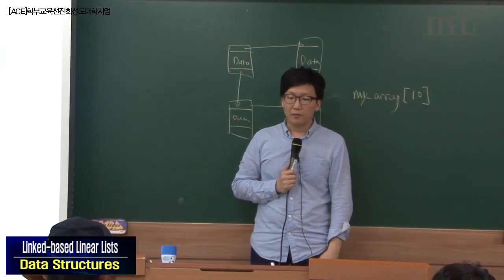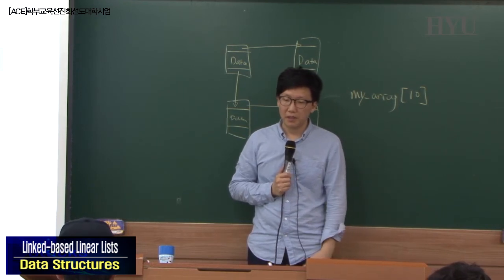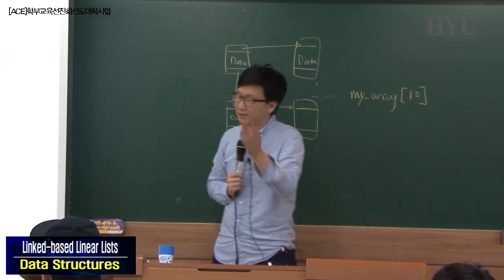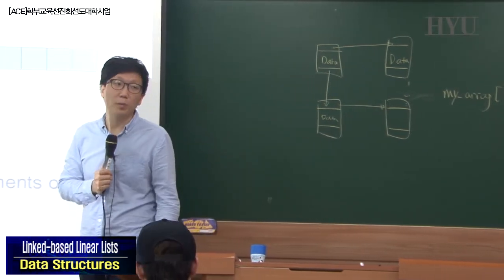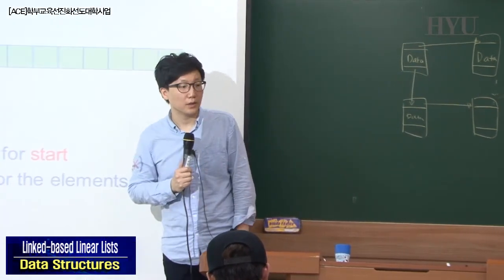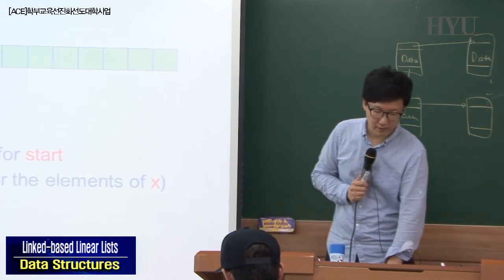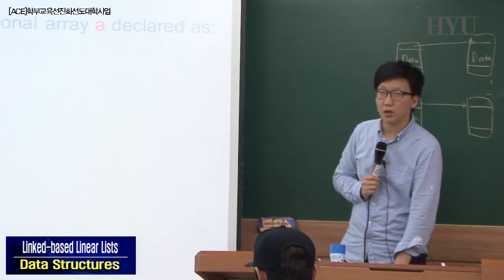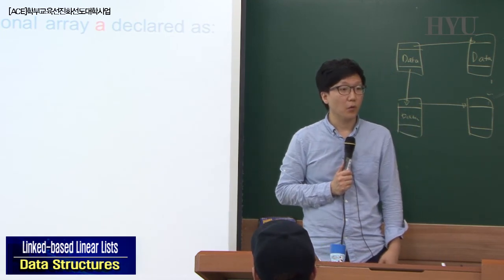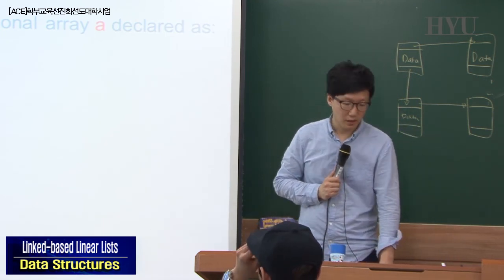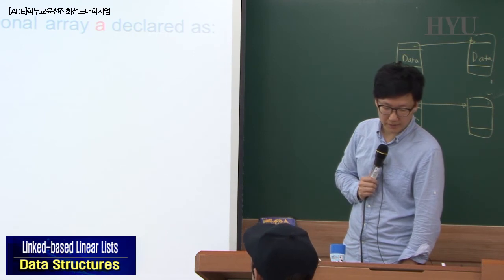Exclude the space needed for elements of x. Let's just forget about this and just one space for integer is 4 bytes will be good enough. And then if I need to store maybe 10 variables, then I need what? 40 bytes to store.